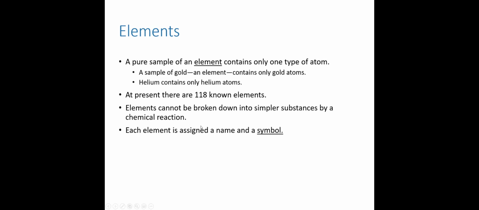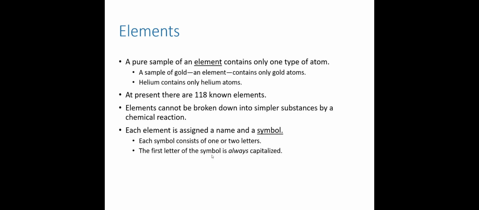Every element is given a name and a symbol. Sometimes that can be a little bit difficult to come up with. These names and symbols have to be agreed to by international agencies. Every symbol has one or two letters in it. The first letter is always a capital letter.